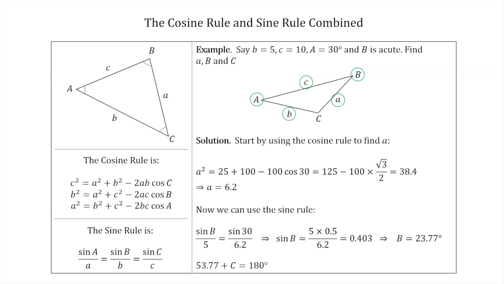We know A and B, they are 30 and 23.77, so you add that up, you get 53.77, plus whatever C is 180 degrees. We arrange, we get C equals 180 minus 53.77, which is 126.23 degrees. So we have found C, and hence we have found all the unknowns we were asked to find.